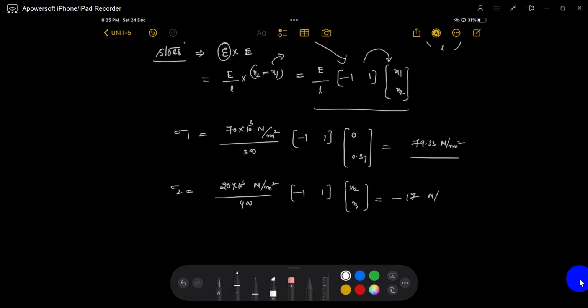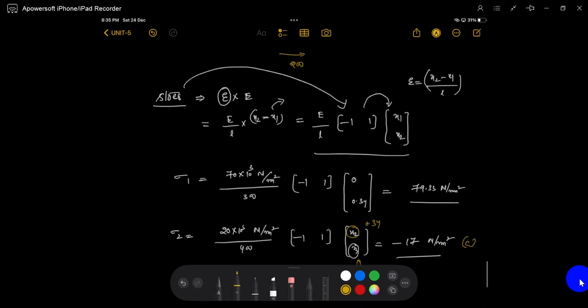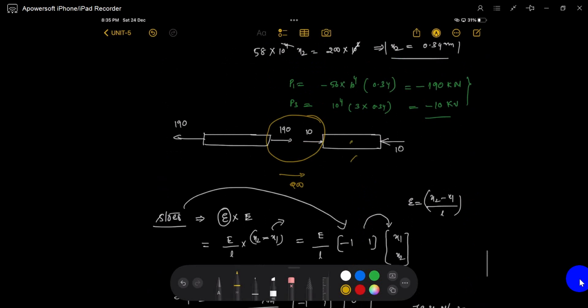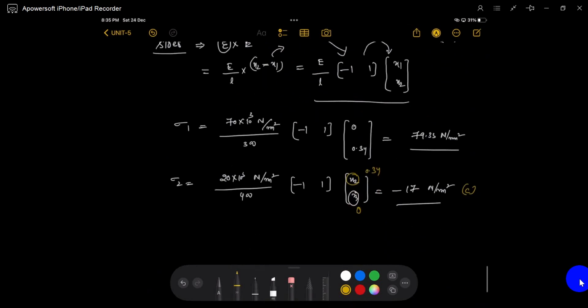You already know u3 is 0, u2 is 0.34, so you will get minus. That's the compression. You already know this is the compression, and this is the tension.